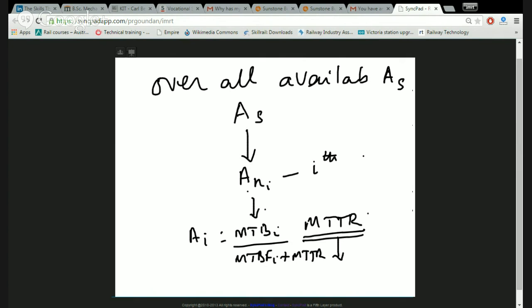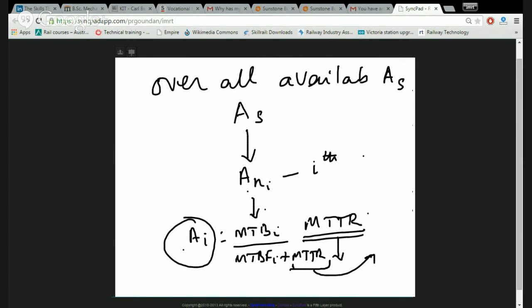From my experience of past records, how much time it takes to repair gives me the MTTR, so I know the individual subsystem availability, and I can calculate the individual MTBF. This is another form of the problem.